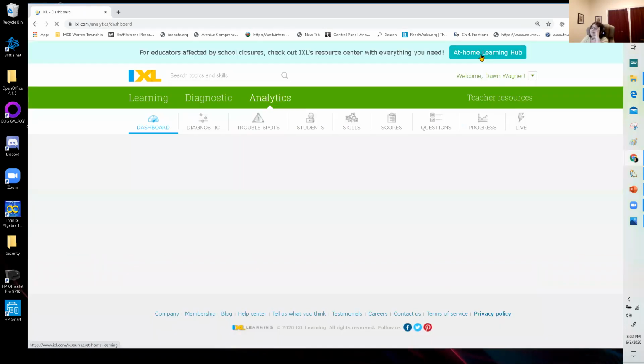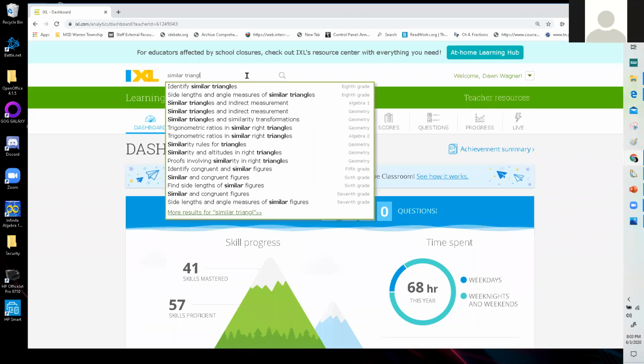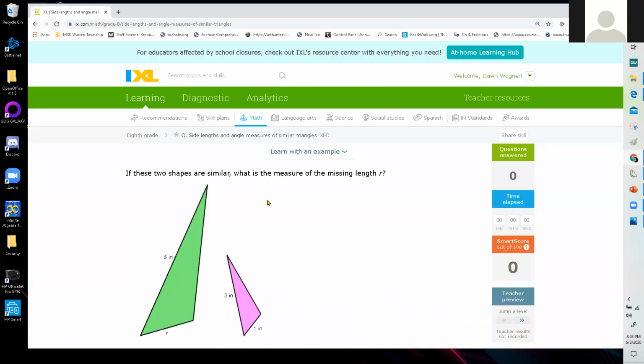There we go. Okay, so we are looking up similar triangles, and it would be this one. Okay, so it would be XED for IXL, and then I'll pull up Khan Academy for you too. XED. Yeah, you see it?